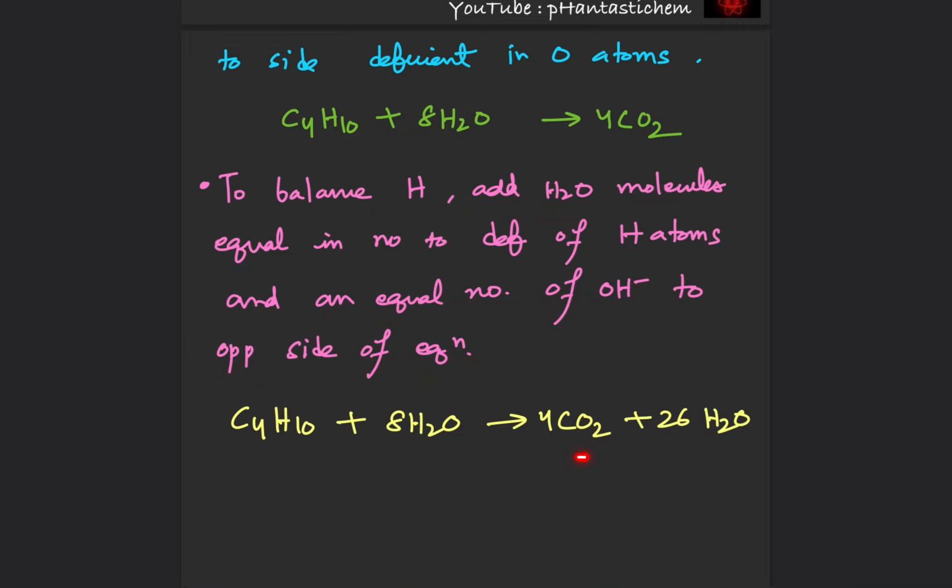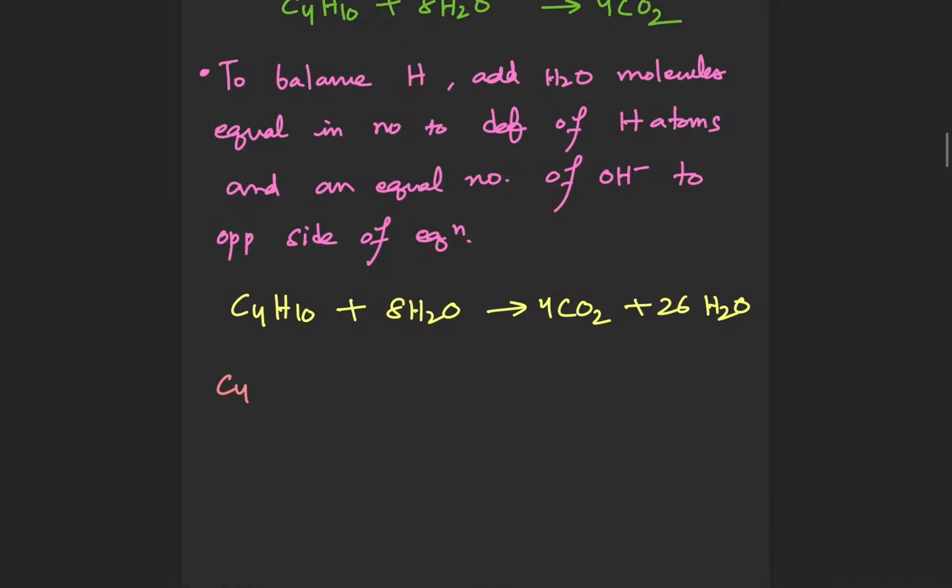So in the RHS, we added 26H2O. So we will add 26OH minus in the opposite side of the equation, that is the LHS. Therefore, the final equation is C4H10 plus 8H2O plus 26OH minus giving 4CO2 plus 26H2O, right?